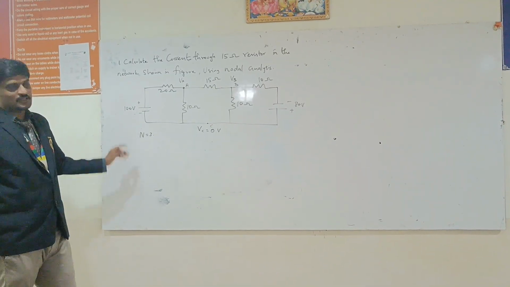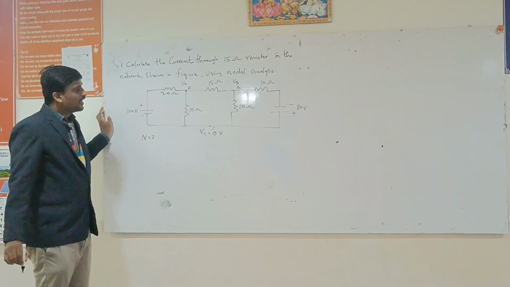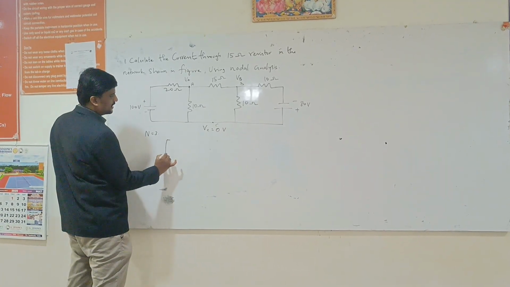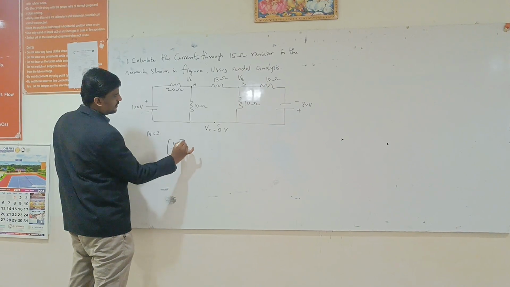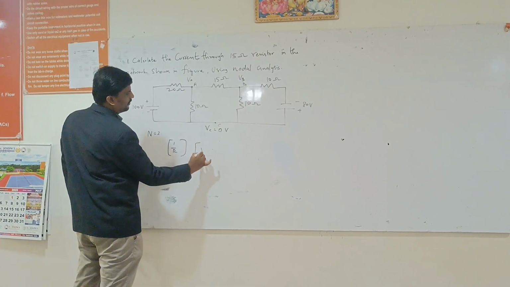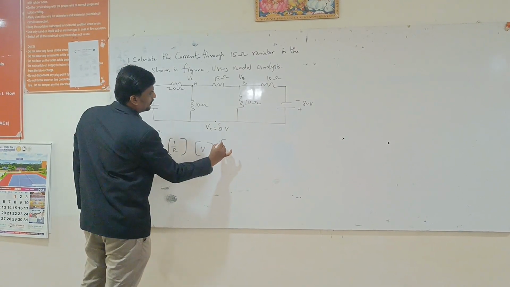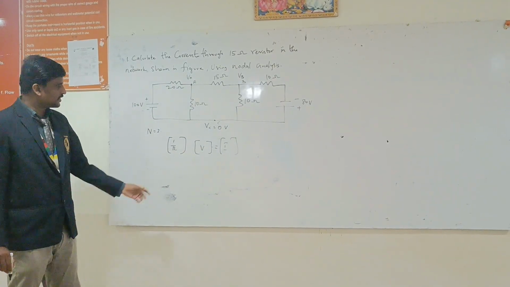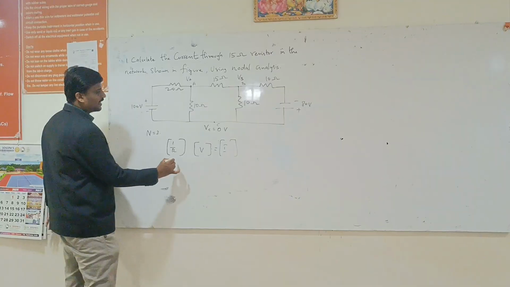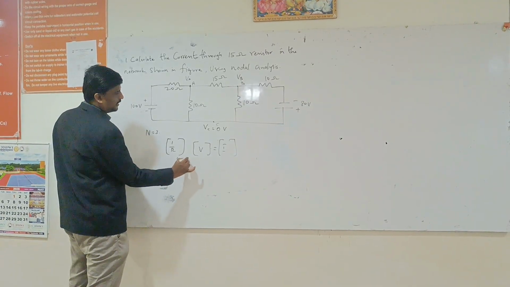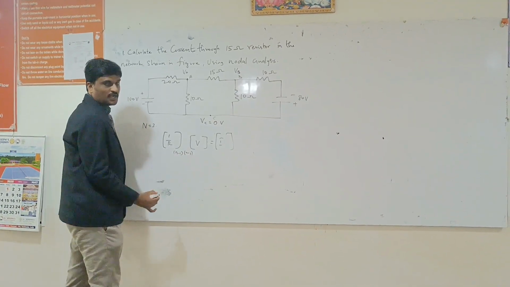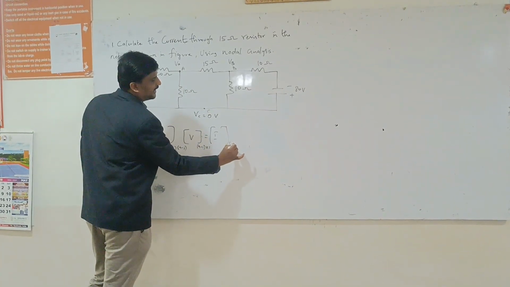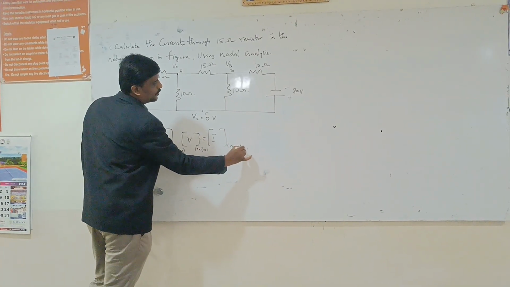Here we are going to solve this nodal analysis by using the inspection method. The formula for solving using the inspection method is (1/R) times V equals I. We have to find the size of the matrices. The size of the matrix 1/R is (n-1) by (n-1), for V it is (n-1) by 1, and for I it is (n-1) by 1.